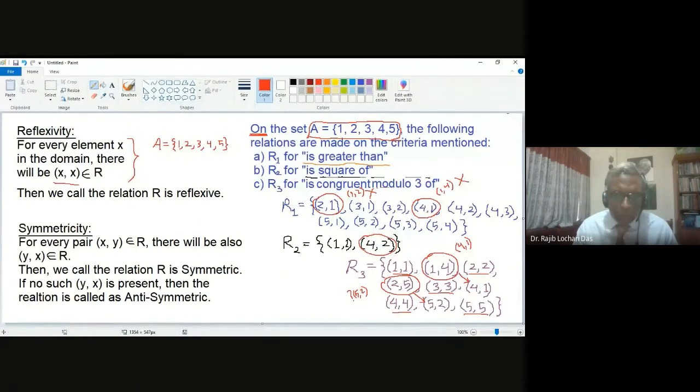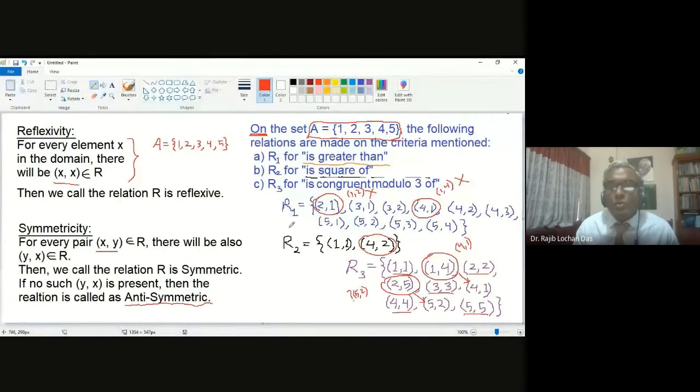R1 and R2 will not be reflexive, it is true, but there is another condition: should it be not symmetric, or anti-symmetric also? Anti-symmetric is the situation where there is x comma y, but there is no y comma x.